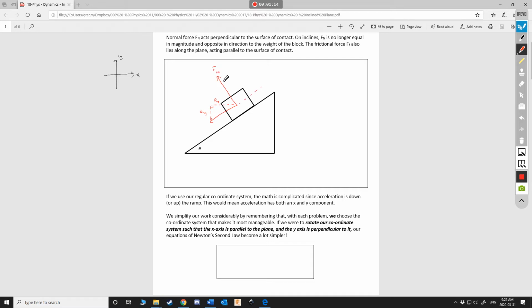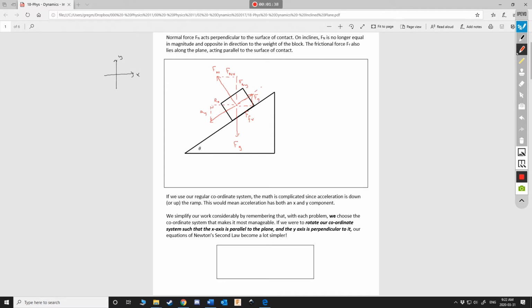Again, this also has an x component, Fnx, and Fny. And there's also the force of gravity going downwards. If there was friction, friction would be in this direction, and it would have a force of friction x and y component.